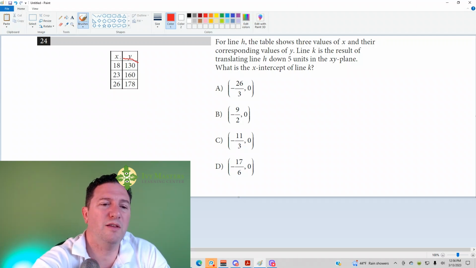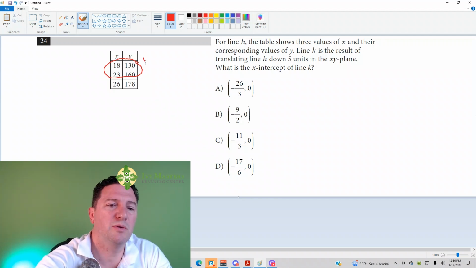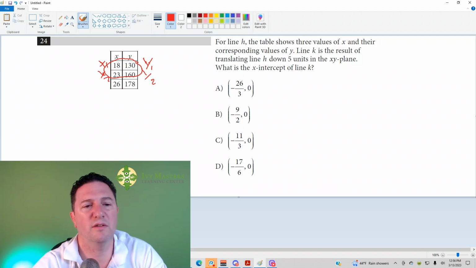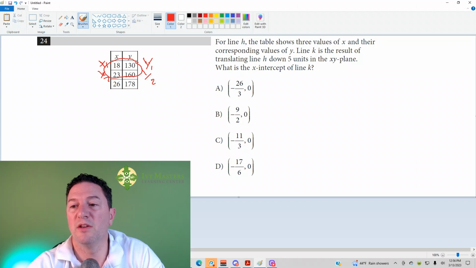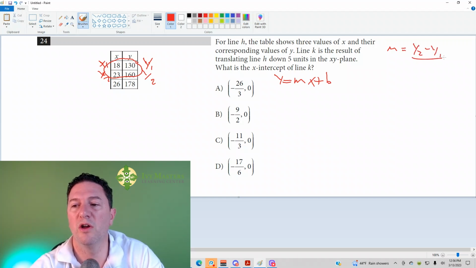So, what do we got to do? First, we've got to take two coordinates and find the equation of a line. So we could call this x1, this y1, this x2, and this y2. That's x, that's y. You know that in y equals mx plus b, the slope, or your m, is y2 minus y1 over x2 minus x1.